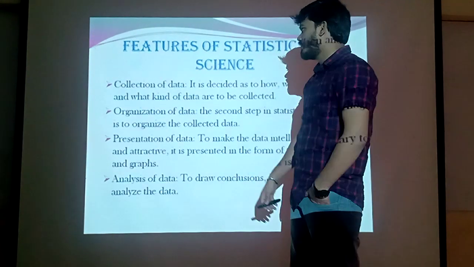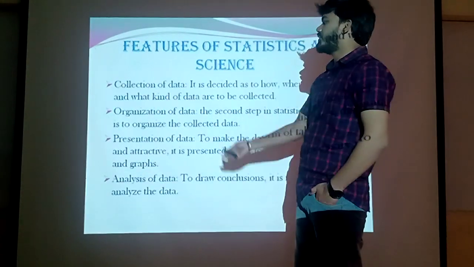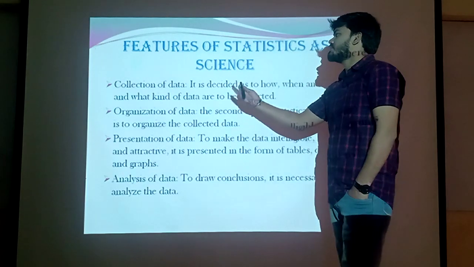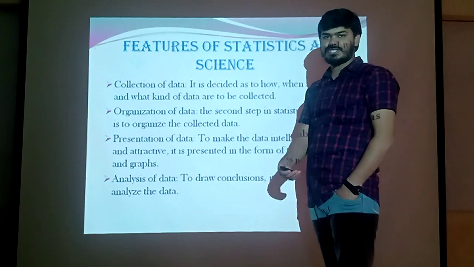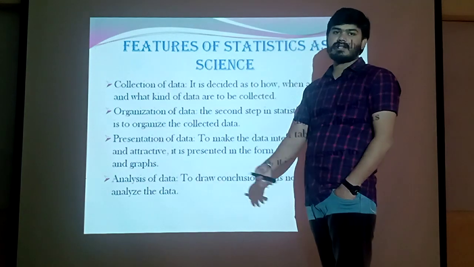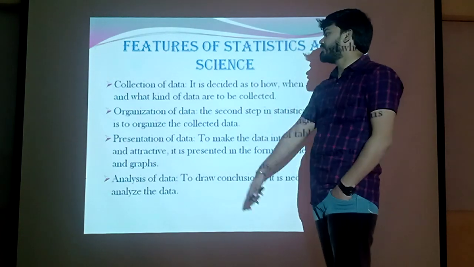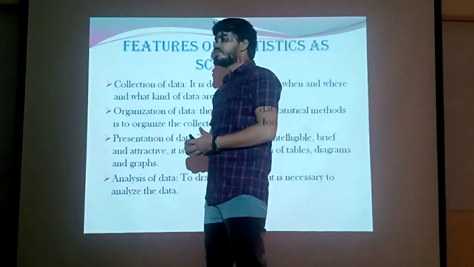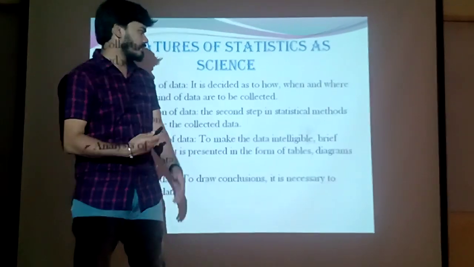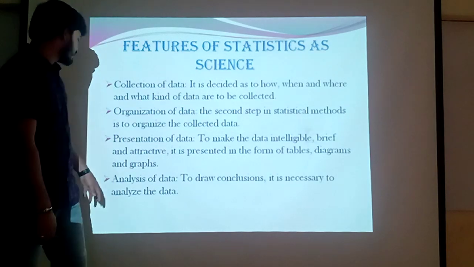Here we have the four important characteristics. One is collection of the data: why people collected the data in statistics, and how, when, and where they collected it. Then organization of the data: once we collect the data, how do we organize it, based on some methods or statistical tools.